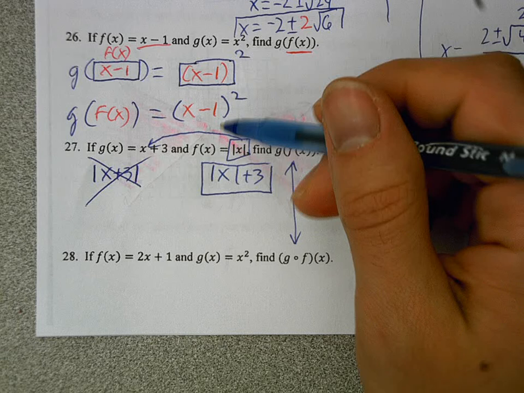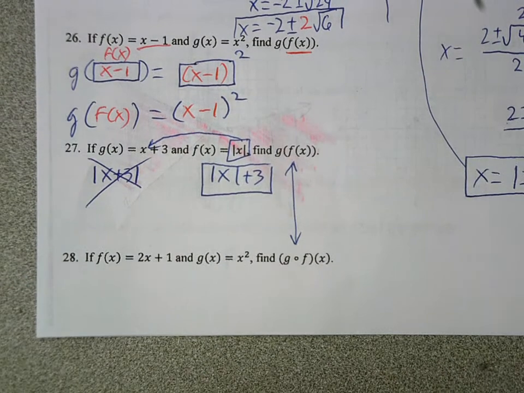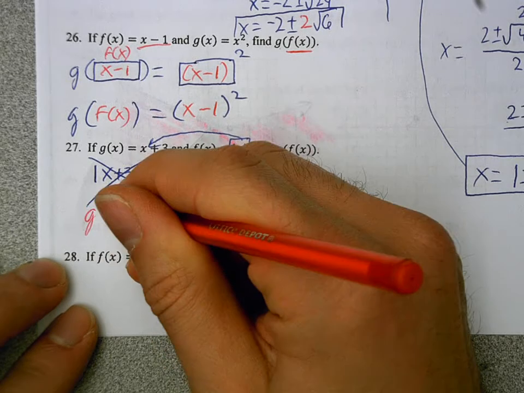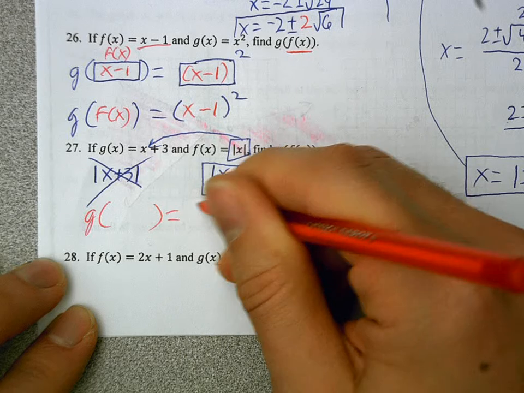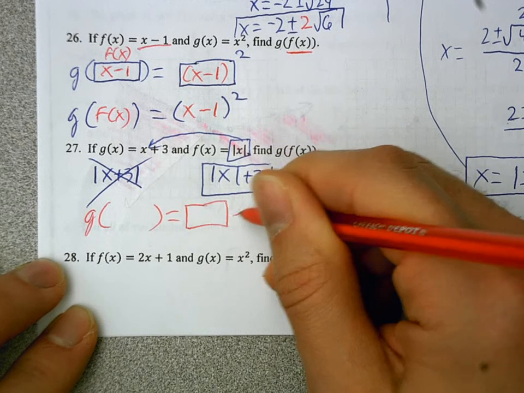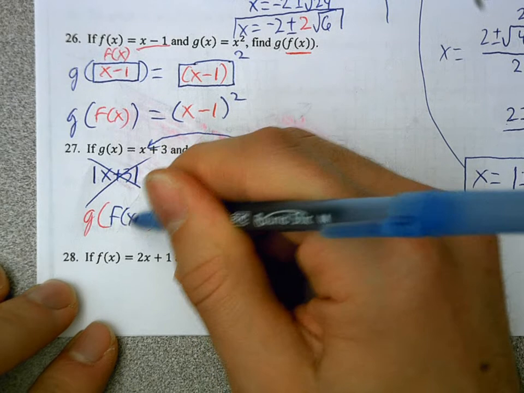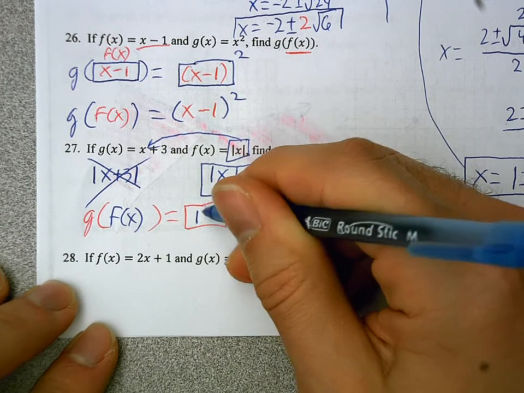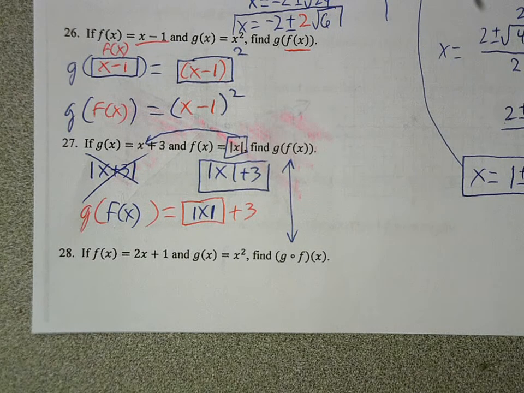Again, if you write it like this, g of something is equal to something plus 3. If that something is f of x, and f of x is the absolute value of x, that's what we should be looking for. Absolute value of x plus 3. Does that make sense?